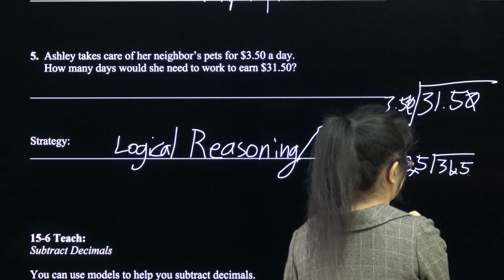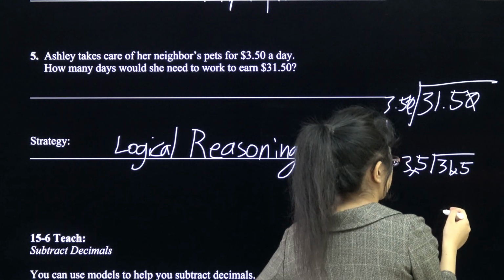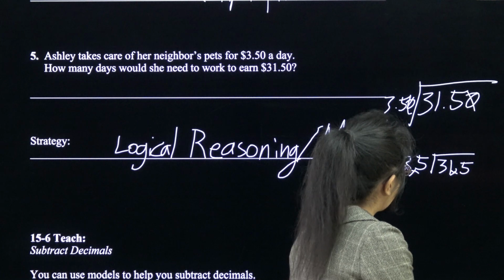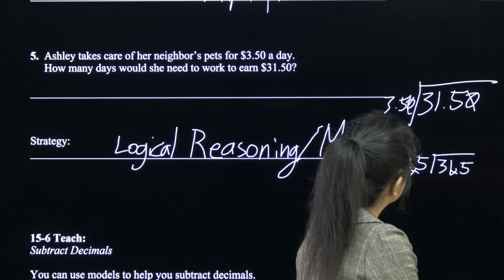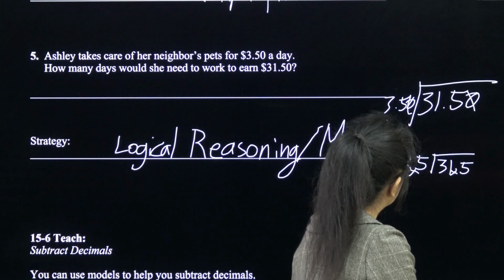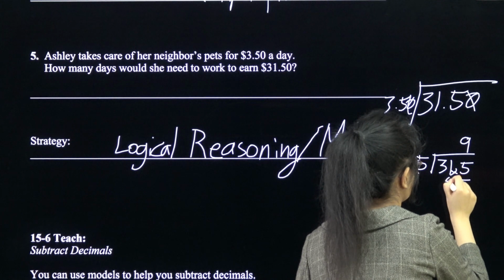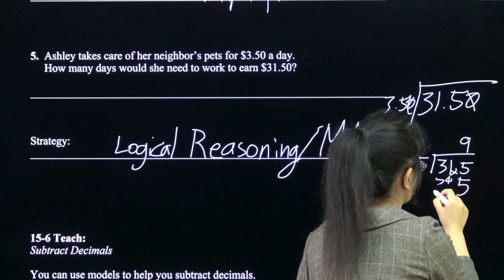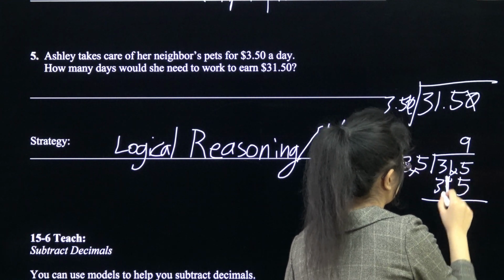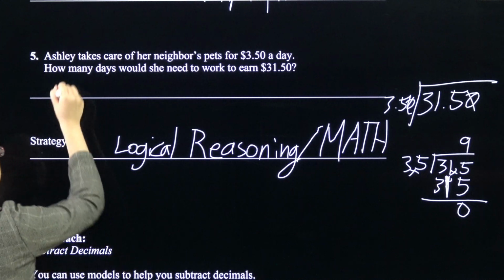And then we ignore the decimal place because we don't usually use decimal places like this in long division. And we get 9. She needs to work 9 days.